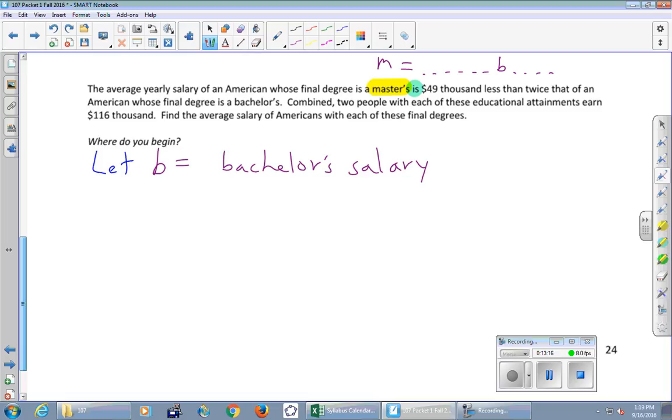Every quantity word has to come with a unit word as well. What are we measuring the salary in? Thousands of dollars is the best choice. Not even just dollars, because if you say dollars, then you're going to have to put 3 zeros into lots of places in our equation. In thousands of dollars.